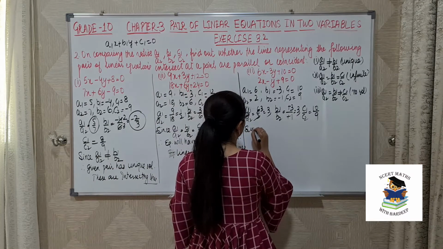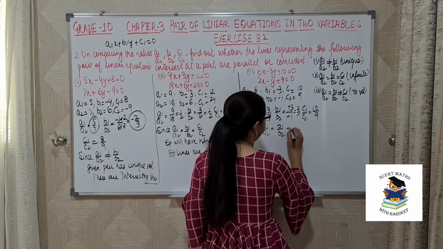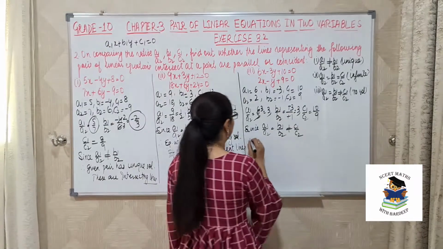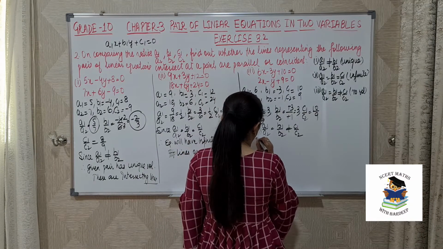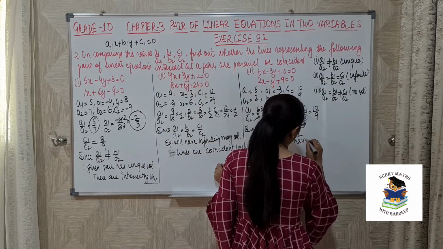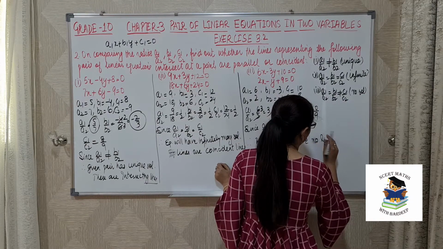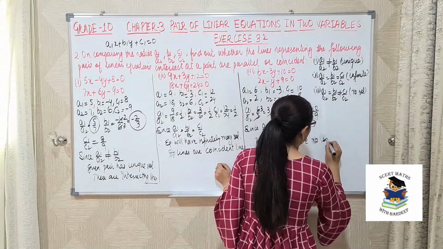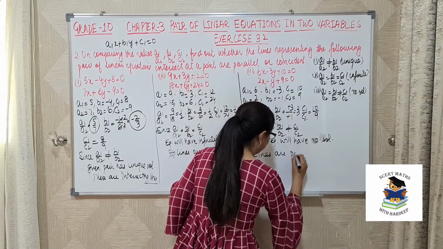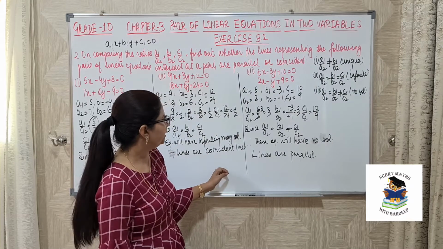So we will write since a1 by a2 is equal to b1 by b2 but not equal to c1 by c2, therefore these equations will have no solution. So no solution means the lines are parallel. I hope the second question is clear to you.